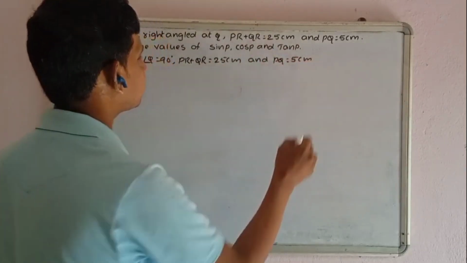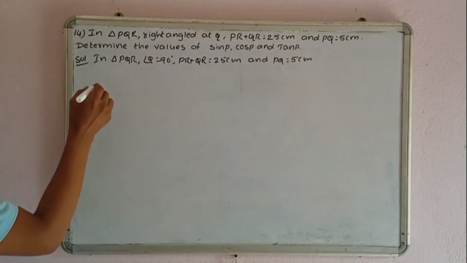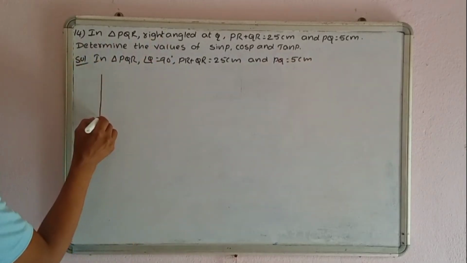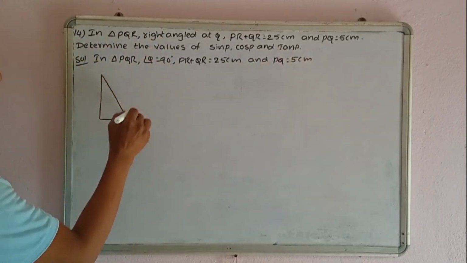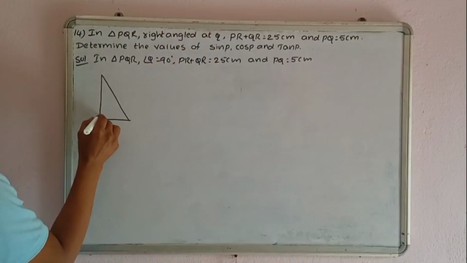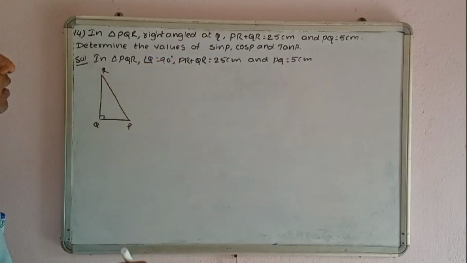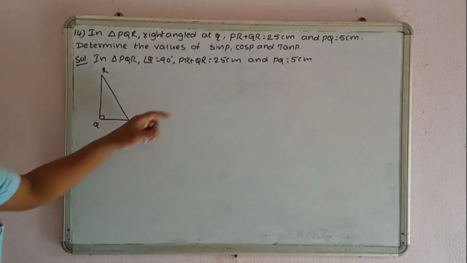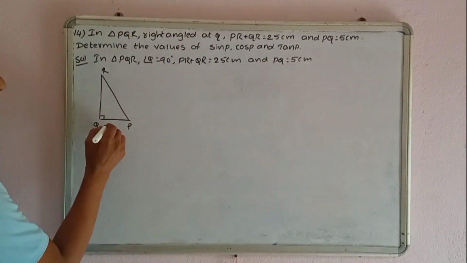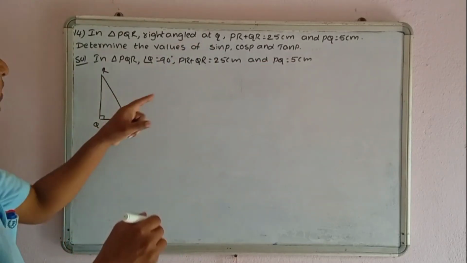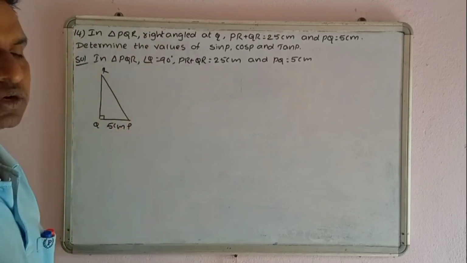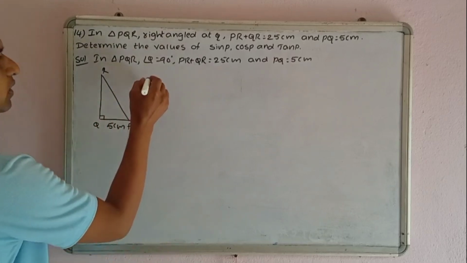This is given. Okay, see this triangle. In triangle PQR right angle at Q, so the remaining two sides are PR and QR. Here PQ equals 5 centimeters. Now PR plus QR equals 25.